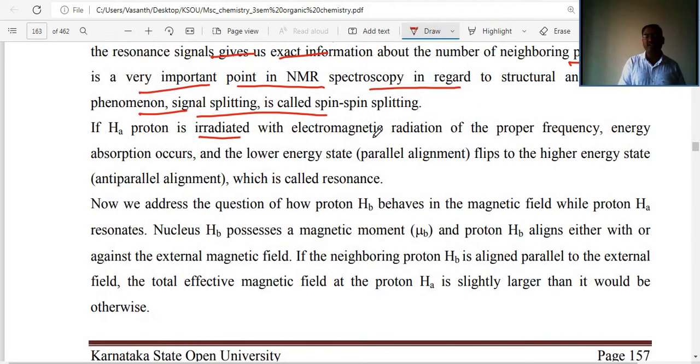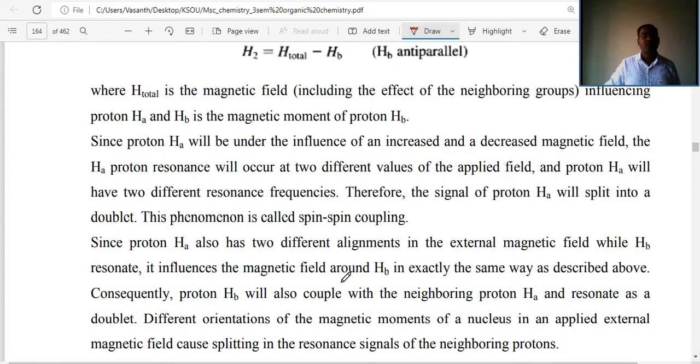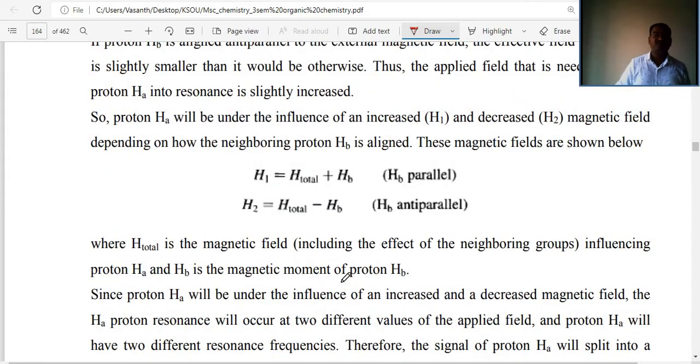A proton is irradiated with electromagnetic radiation of the proper frequency. Energy absorption occurs and the lower energy state flips to the higher energy state, meaning anti-parallel, which is called resonance.